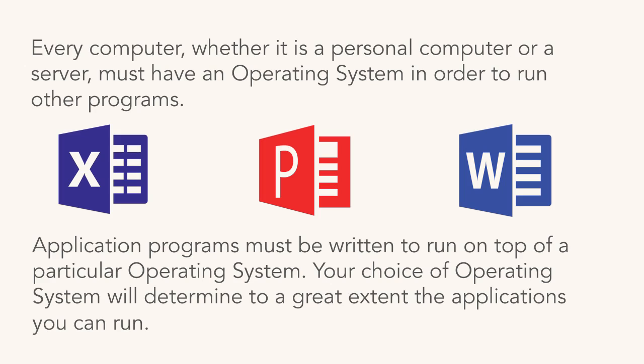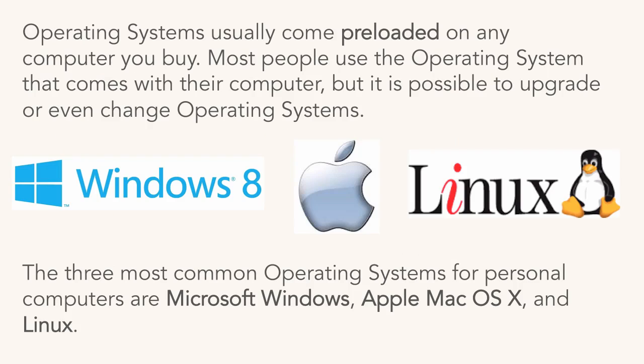So if you have Microsoft Word for Mac, you can't load that on Windows 8. If you have Windows 8 Photoshop, you can't run that on Mac. So when you're thinking about buying applications, just make sure you get the right application for the right operating system.